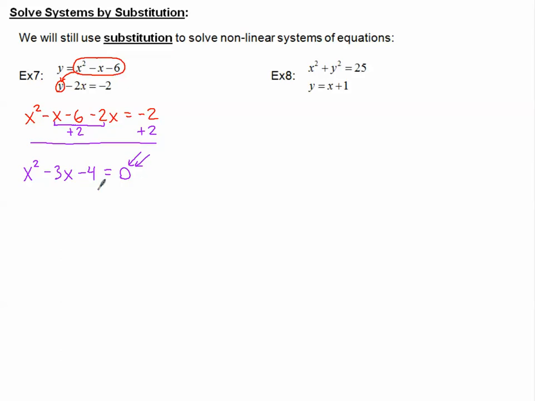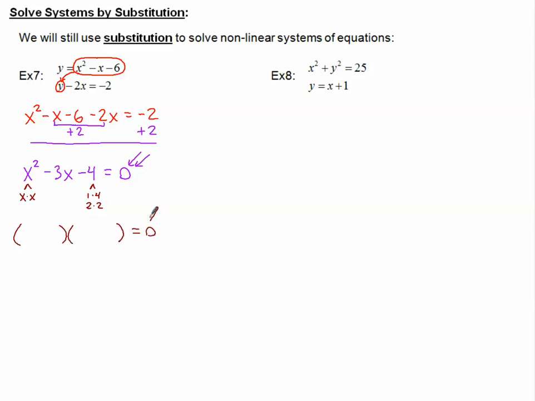I want to see my 0. Now I can solve this quadratic either by graphing or by factoring or by completing the square or by quadratic formula. I'm going to choose to factor. At least I'm going to try to factor first. This is a simple trinomial because a is 1, so only x times x is the option for the front. It's 1 times 4 or 2 times 2 in the back. Let's see what happens to our factors.